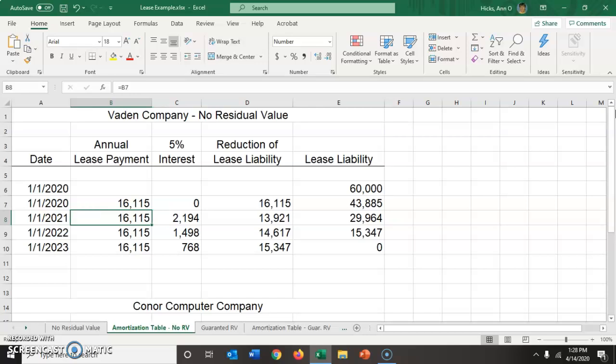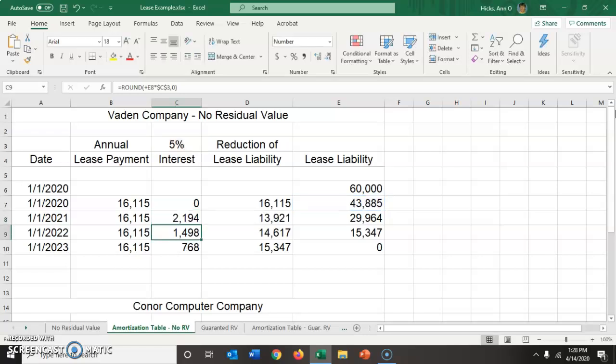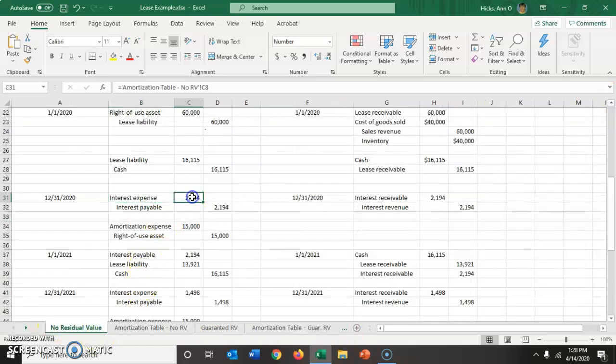Then by the end of 2020, we will have incurred 5% interest on the new balance, the $43,885. That is where our 12/31 entry comes from, interest expense and credit to interest payable.